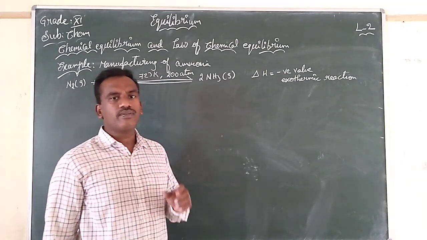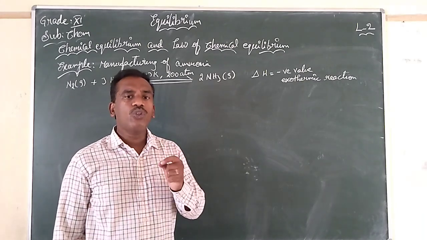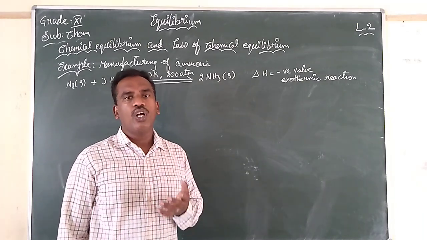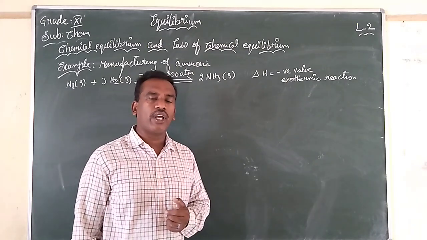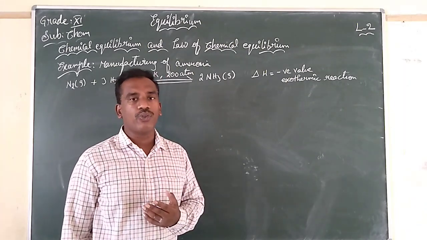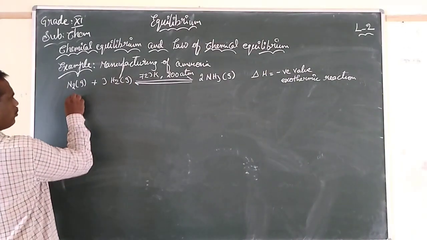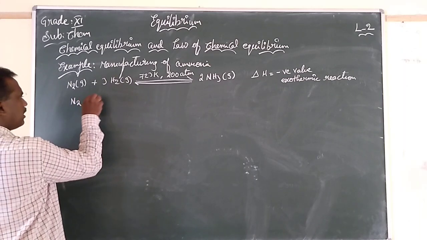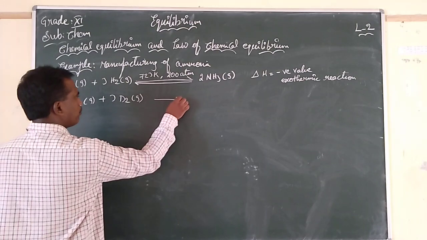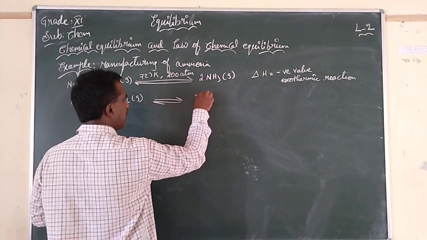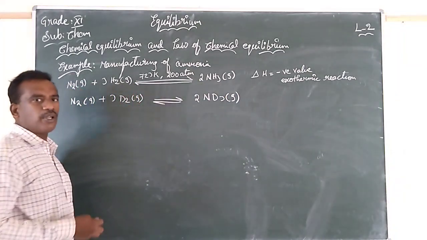So in the place of hydrogen gas, if you choose the isotope of hydrogen, what hydrogen isotope do we have? Deuterium, that we can use in this reaction. Once you react 3 moles of deuterium, it again forms deuterium in the place of hydrogen.